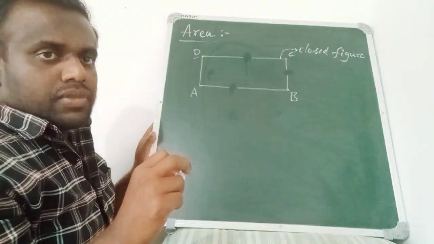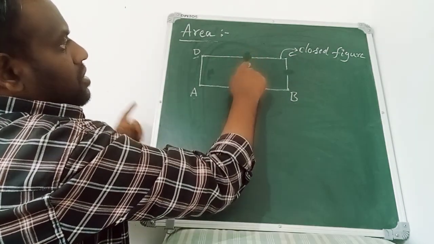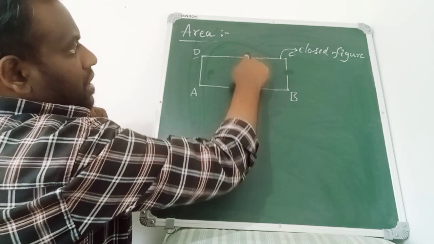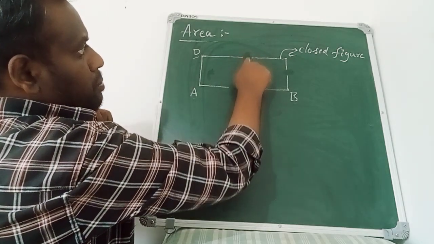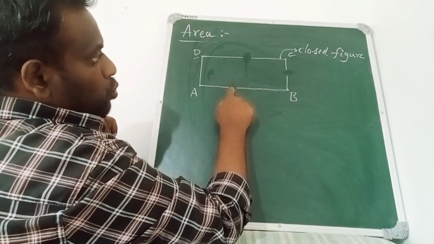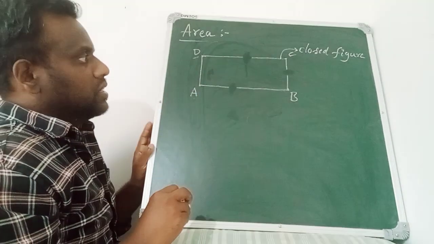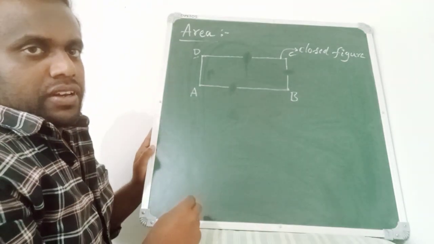When I erase this, there is an open. Some space is there. See, this line is not continuous. Here some break is there, here also open is there. So if opens are there, then it is an open figure.